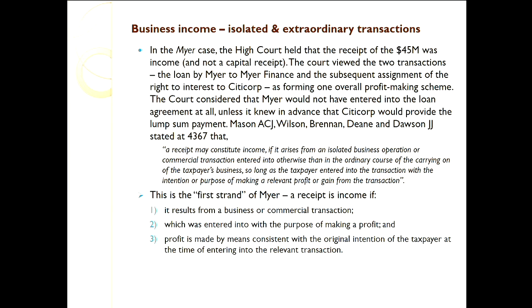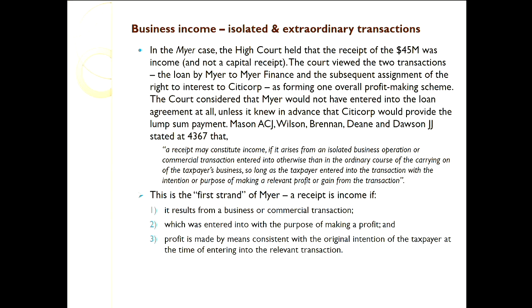Is the profit made by means consistent with the original intention of the taxpayer at the time of entering into the relevant transaction? Well, here you consider what the transaction is and when it started. It's quite okay to analyse it here because everything went according to plan. Basically, Maya had formulated the idea that it wanted to get $45 million from Citicorp.